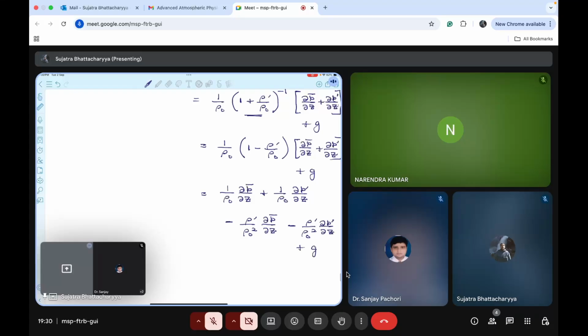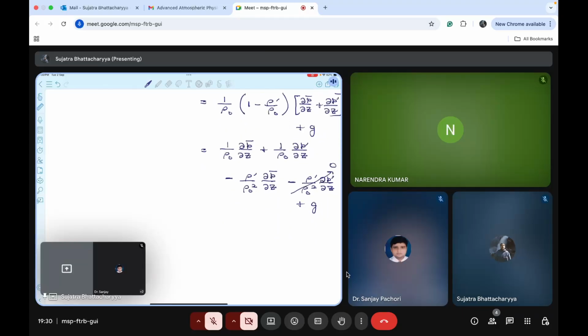The product of the perturbation terms is 0, so we can neglect that. Now delta p bar by delta z is nothing but minus rho naught g, because this is a mean thing, and in the mean condition, the hydrostatic assumption is valid.